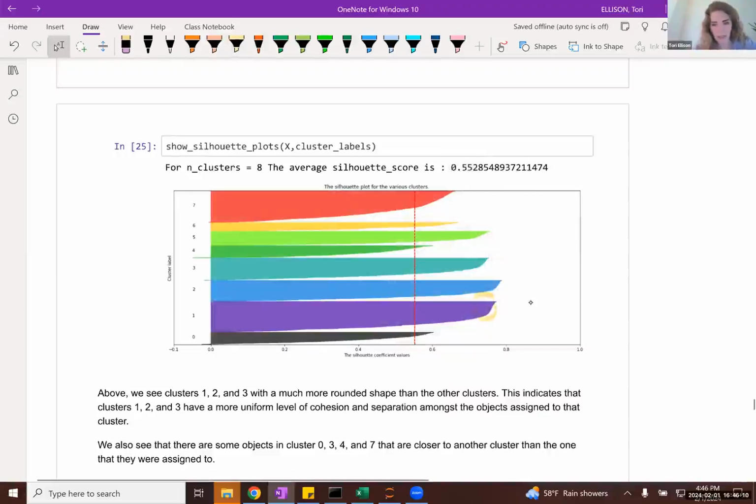Many of these cluster silhouettes are actually starting to get pretty close to 1. We can see that this comes at the expense of some clusters, like this one here, which tend to have lower average silhouette scores, suggesting that cluster 0 and cluster 4, for instance, do not tend to be as cohesive or well separated, if you will.